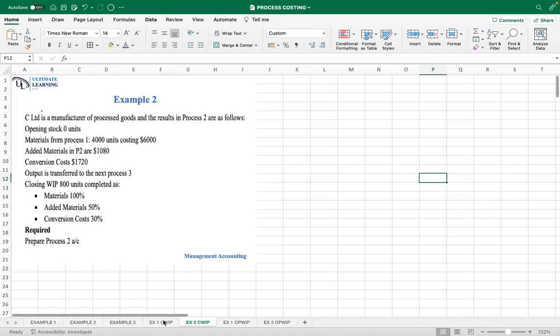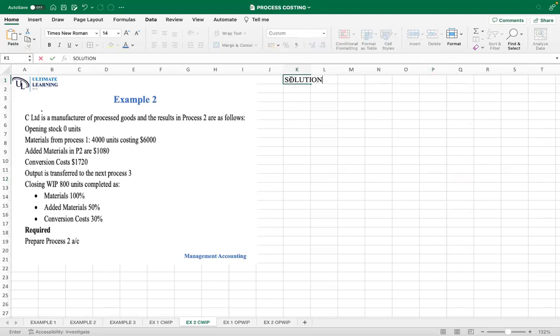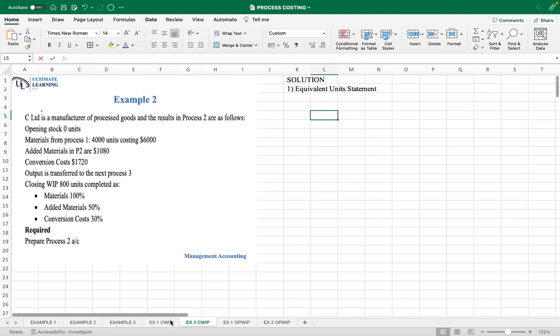So we'll start, again, in our solution, by number one, the equivalent units statement. Now, remember in our equivalent units statement what we said.